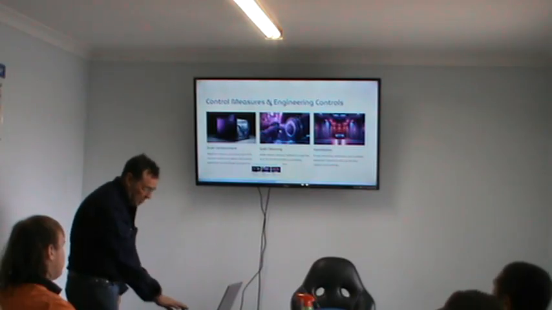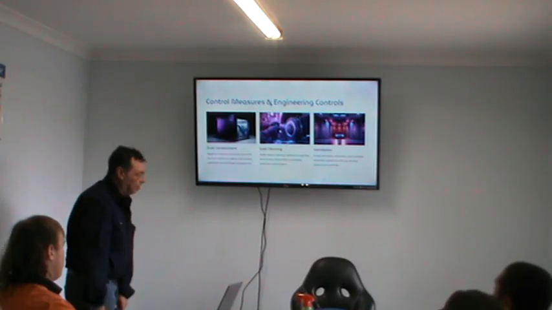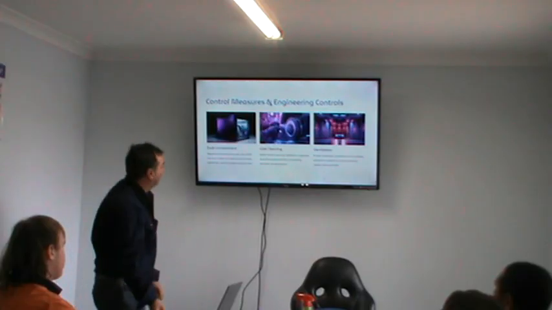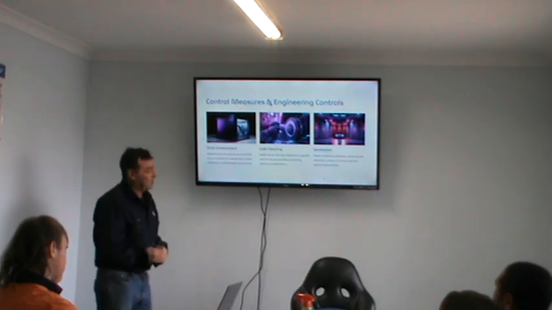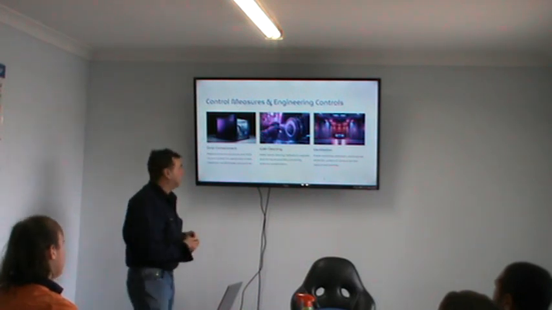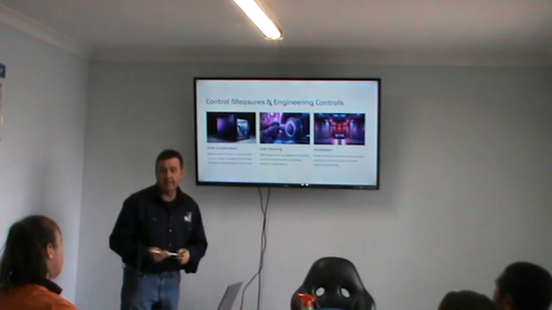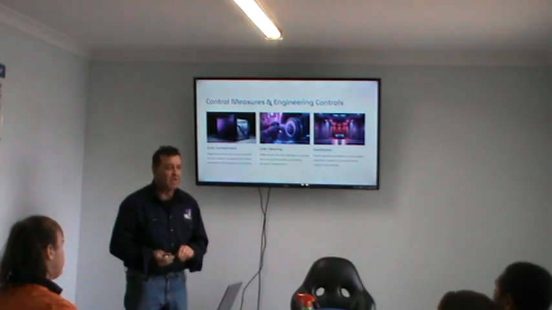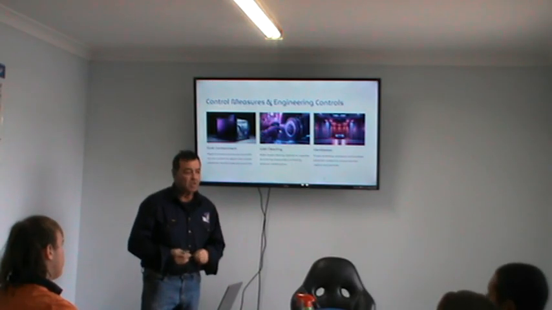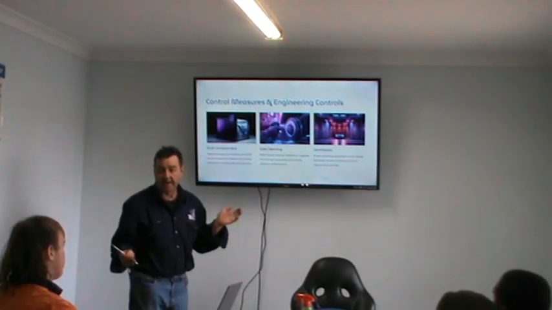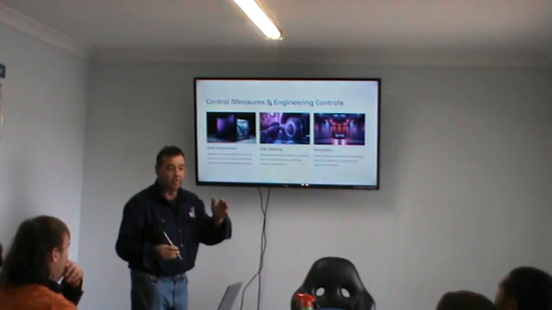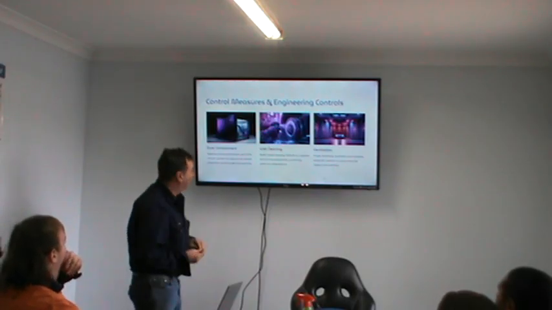Control measures, engineering controls. So dust containment. So they have things like that with special vacuum cleaners, heaps of vacuum cleaners to vacuum up any kind of asbestos fibres when working with brakes. So you would use a little vacuum cleaner and that would go to a separate container and it would keep it all in there.